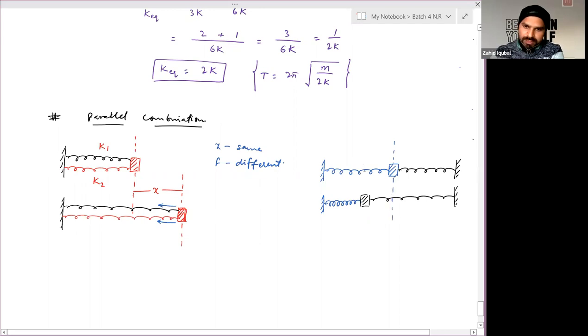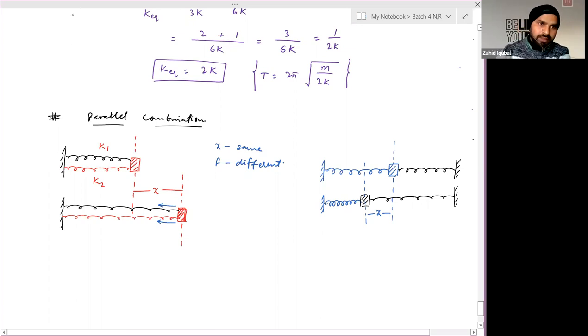Now, on extending to any one side, this is the final position. So X is the same for both springs, but the difference is one spring is compressing, the other one is stretching.